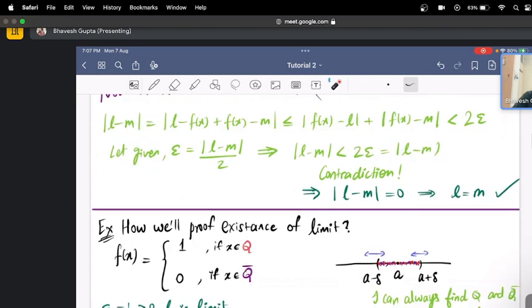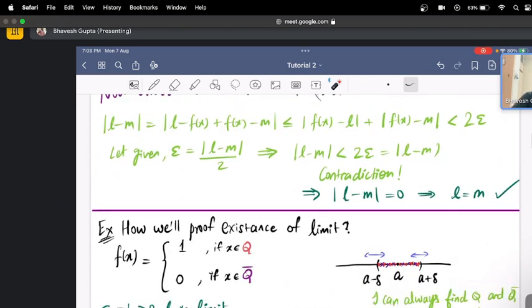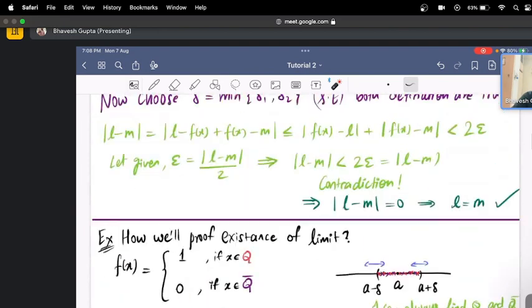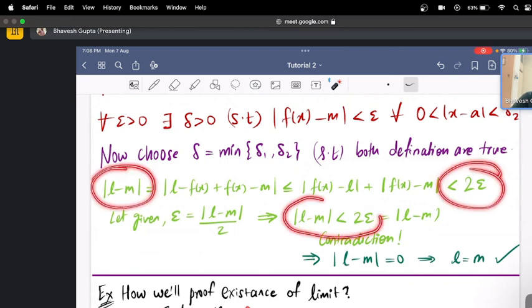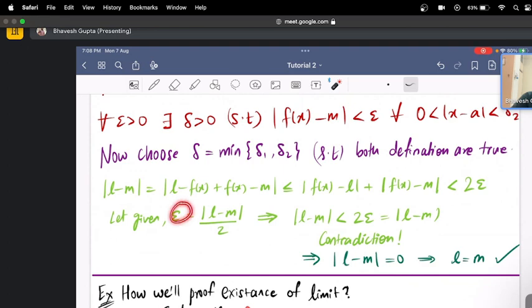So the next point we see here, since the proof is not complete yet: this was the interval given to me, but in the calculations I see that this particular quantity is less than 2 epsilon, but I know the epsilon given to me was this, and I saw that the distance between L and M is less than the distance between L and M. Basically what you are trying to say here is that A is less than A. How can A be less than A?